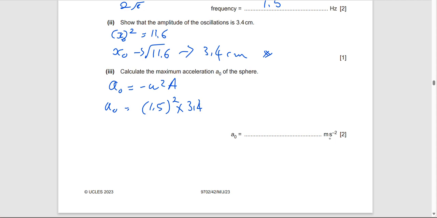Remember, our answer is in meters per second squared, but our value is in centimeters. So we have to change that to meters. And we do that by multiplying by 10 to the negative 2, or by dividing by 100. That makes sense. If you divide 3.4 centimeters by 100 centimeters per meter.